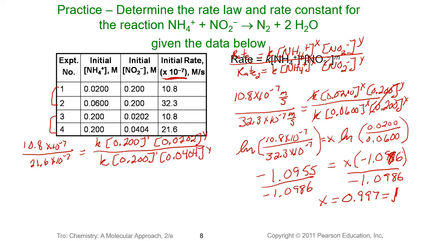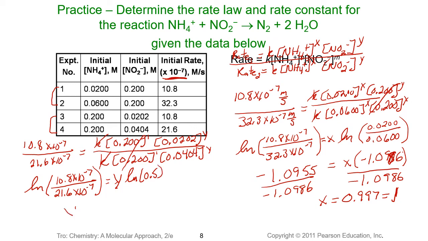Now, if you did this by the inspection method, that's perfectly fine as well. So we're going to take the natural log of both sides. That brings our exponent down. And we end up with y equals 1. So the order with respect to the nitrite is also 1.